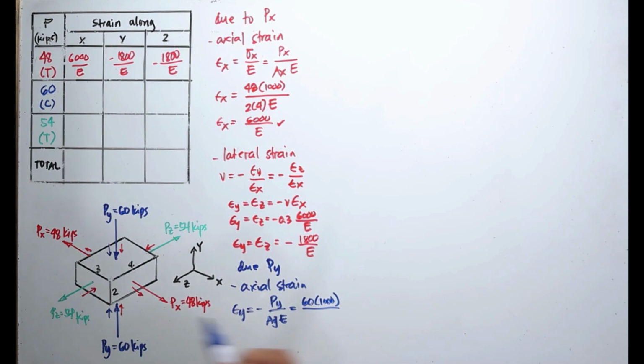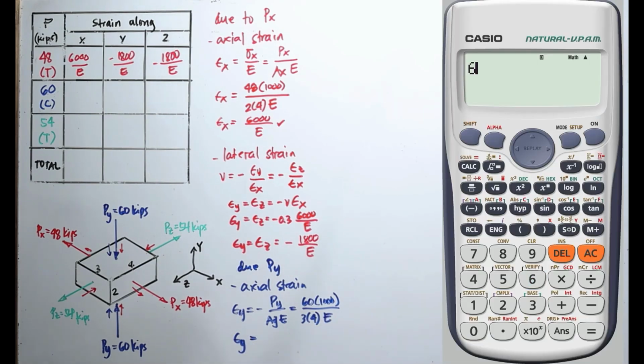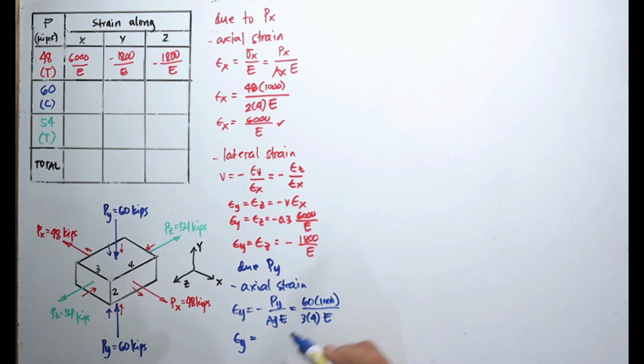This time it's 3 by 4 over E. So the strain along Y is, or 60 times 1,000 divided by 3 divided by 4 equals. So again, this is negative 5,000 over E.